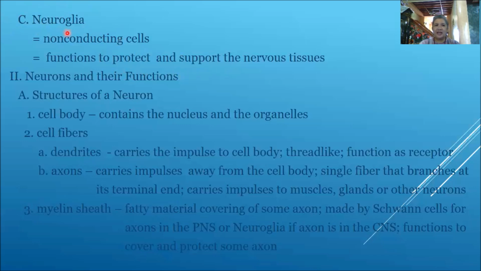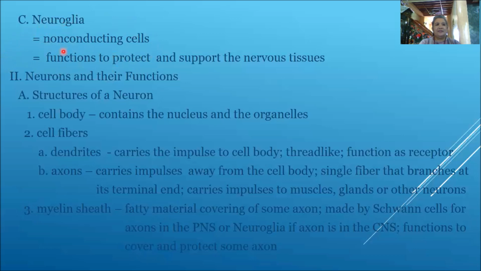These neuroglia are non-conducting cells, so they do not send impulses. They are present there in the nervous tissue to protect and support it. So as I have said, I have this imagination that this is the skeletal system of the nervous system.